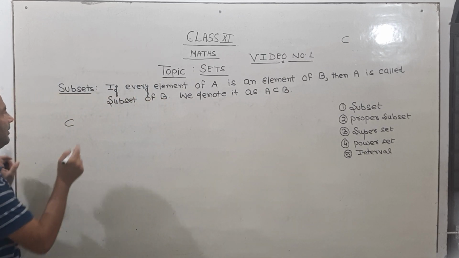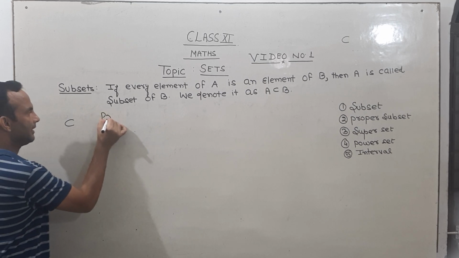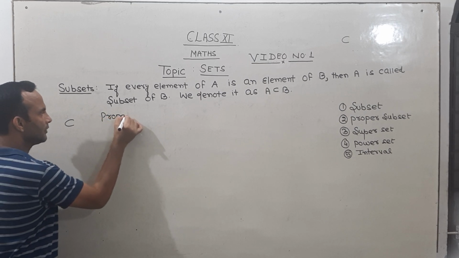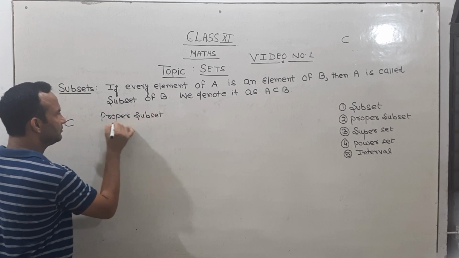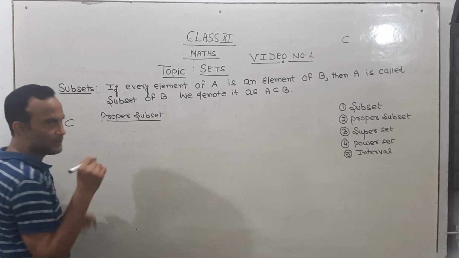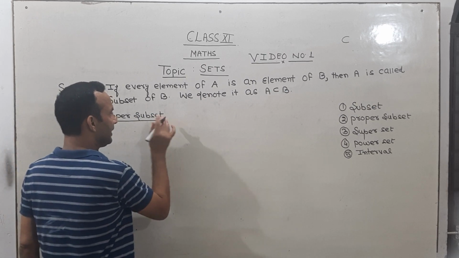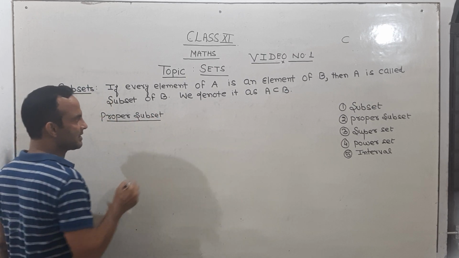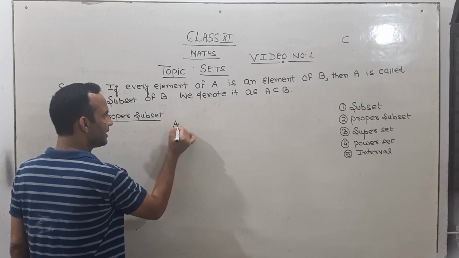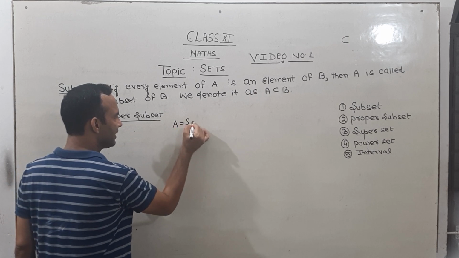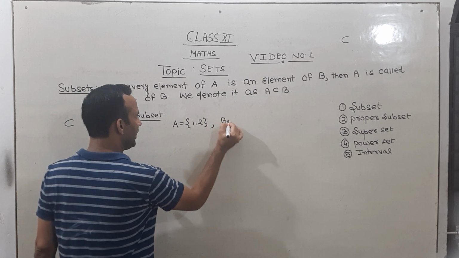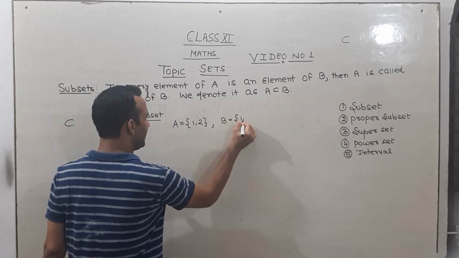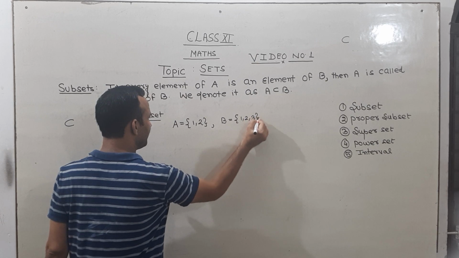Now see the next topic, proper subset. Proper subset is what? This can be explained with the help of an example. Let us suppose that A is a set containing elements 1, 2 and B is a set containing elements 1, 2, 3.